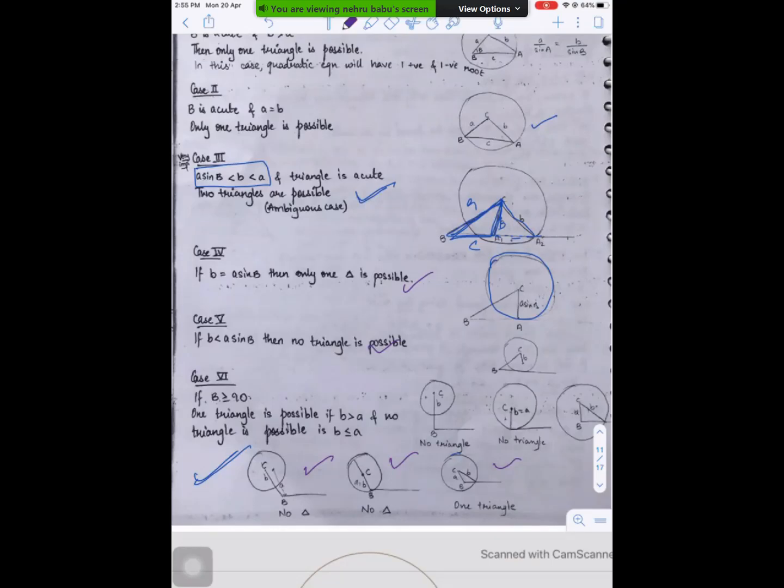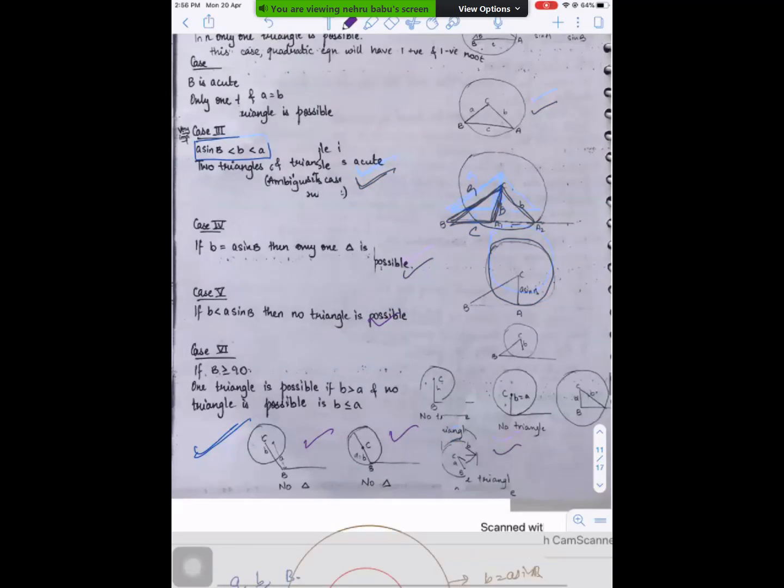A triangle is possible if b is greater than a. If b is smaller than a, you don't get any triangle, because obviously, as B is greater than 90 degrees, b is the largest side. Okay, this is the ambiguous case.